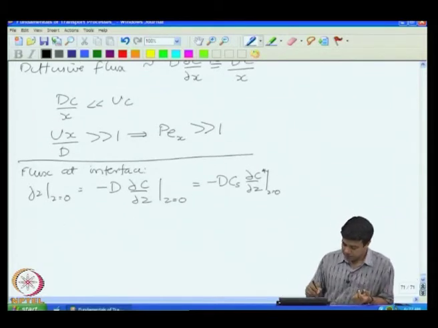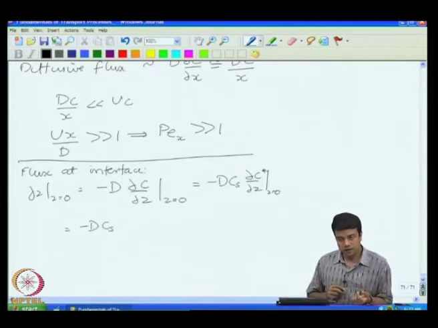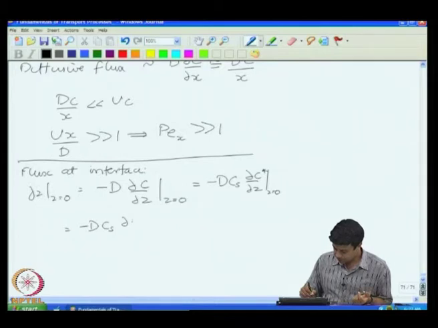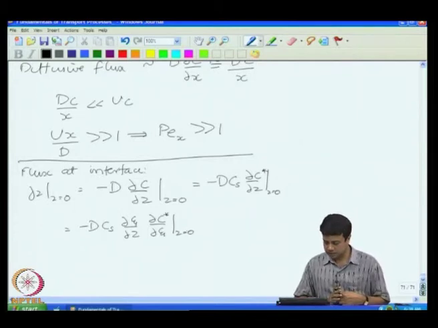Therefore, this is equal to minus D Cs into partial psi by partial z, partial c star by partial psi at z equal to 0. So, this is expressed in terms of the similarity variable.